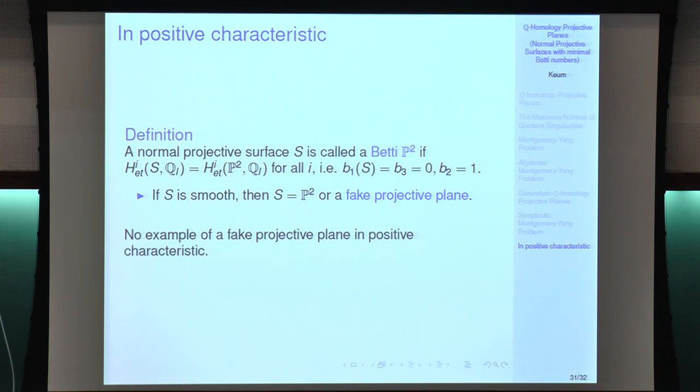Over complex numbers, we know they are ball quotients, but in positive characteristic, we don't have such a description. Suppose we have a fake projective plane over the complex numbers, defined over some number field or Q, for example. Then maybe you can take reduction mod p to get a fake projective plane in positive characteristic.